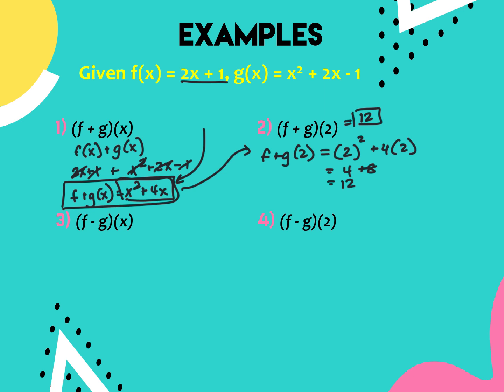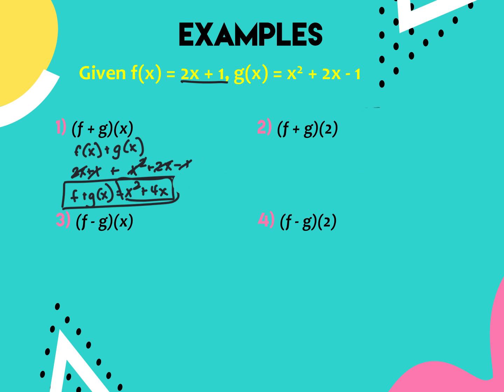Now, if I just happen to come to this problem and I haven't done that other step, and all I have is this, then I could also come back here, and I know that this is f of x plus g of x. So this is f of 2 plus g of 2. So I could take the first equation and do 2 times 2 plus 1.